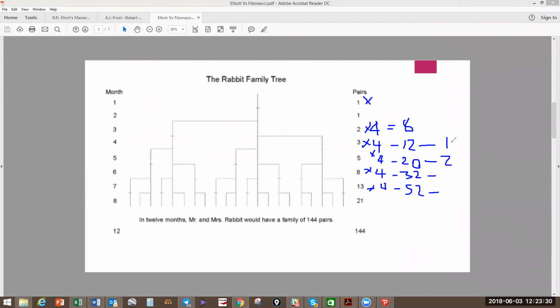If you add 1 to every number, we will give you that Fibonacci sequence again. I'm just not getting it right exactly as it is right now.